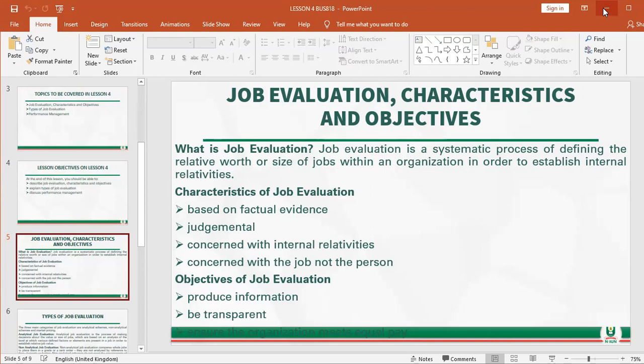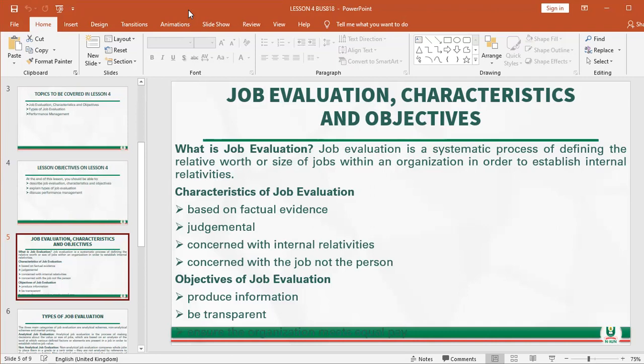What job evaluation actually entails is making sure that the pay structure is commensurate to that particular job. So for instance, in our organizations, in the different places we work, we have different grade levels, different job types, and different responsibilities.